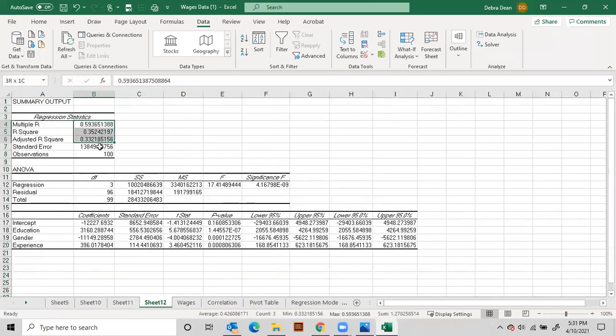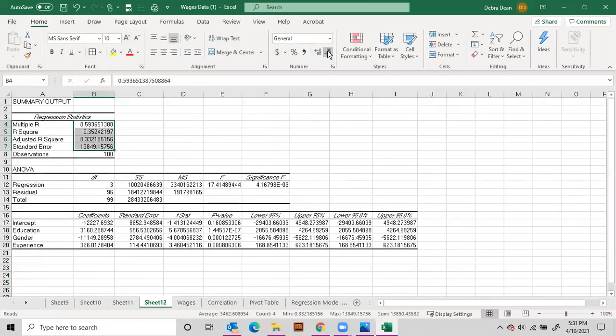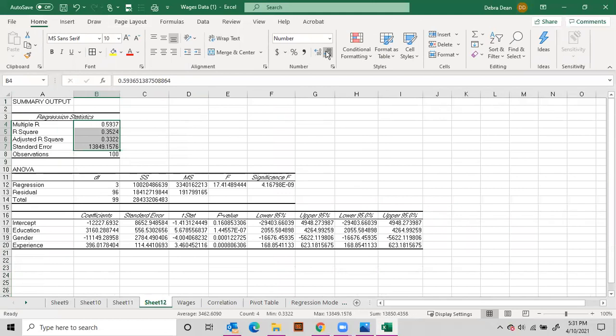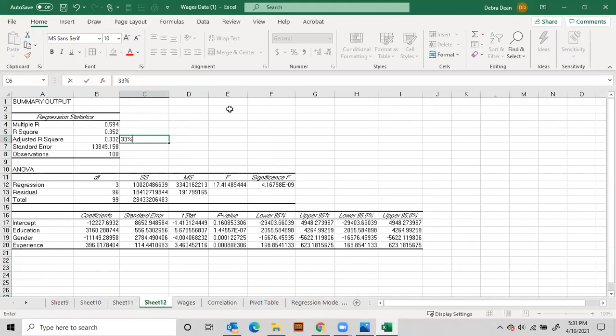And if we take a look at this information, now we're still seeing about 33% of variability of wage or income is based on education, gender, and experience. Okay.